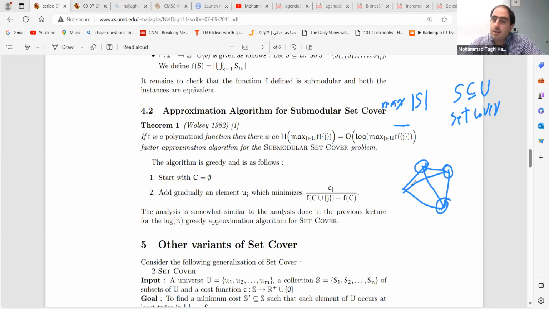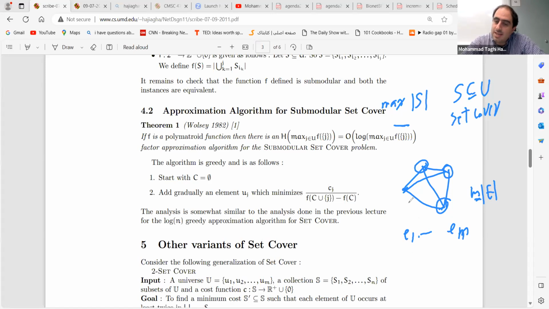Good. So vertex cover is a special case of set cover. Why? Because here the elements would be all the edges in the graph, E1 to Em, if we have m edges in the graph, so m is the size of E. Then what are the sets?